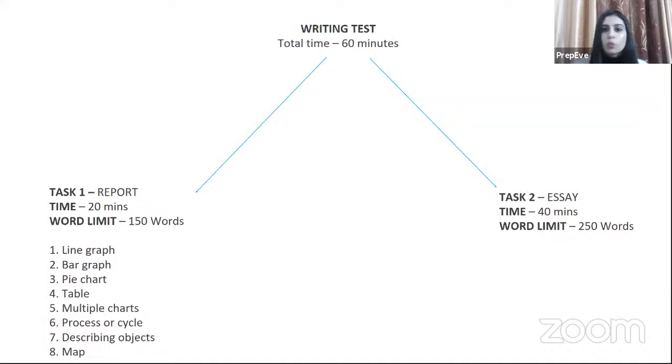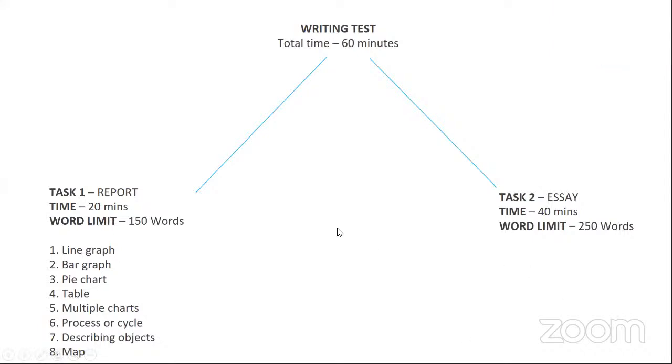You're given just one question for your report writing and one essay in case of your academic. Similarly, in case of your general training test, you're given one letter and one essay, and you have to attempt both the questions. There's no option there. Is that clear to everyone? Yes, ma'am. Okay, perfect.